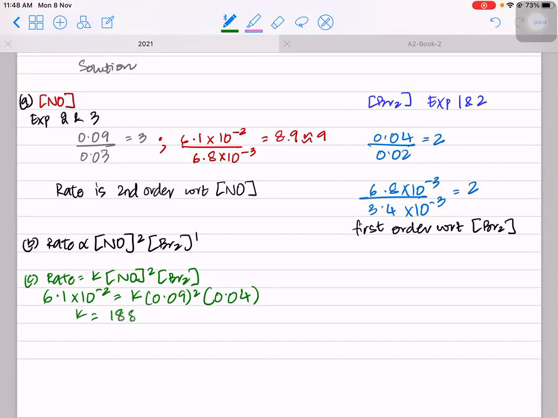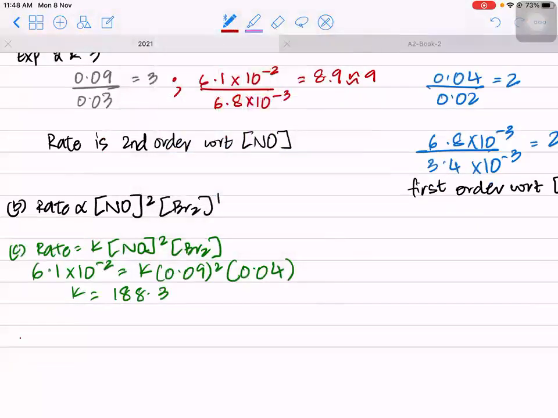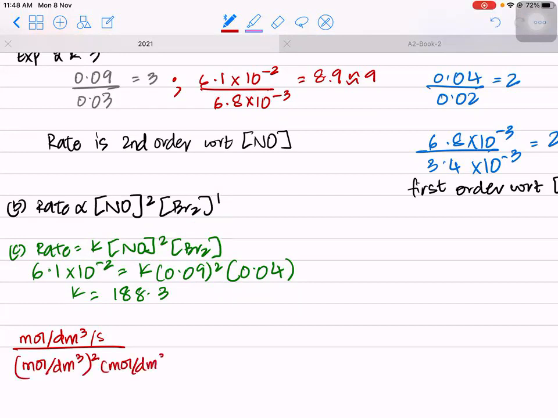So you find the value of K, which comes out to be 188.3. Now you need to find the units also. How will we find the units of K? You know rate is in mol per dm³ per second divided by NO squared. So that would be mol per dm³ squared and mol per dm³ for this. So that will be another mol per dm³.